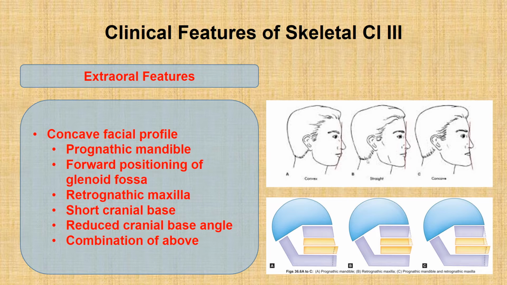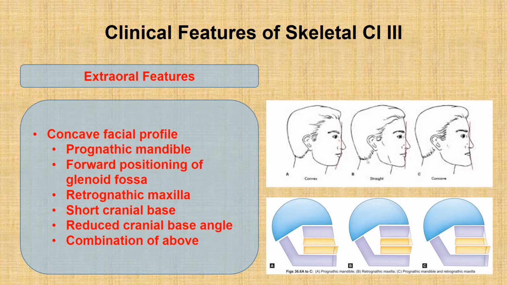Let's have a look at the extraoral features. The patient presents with a concave facial profile, and this may be due to a prognathic mandible, or it may be due to a forward positioning of the glenoid fossa, which causes the mandible to be displaced forwards.